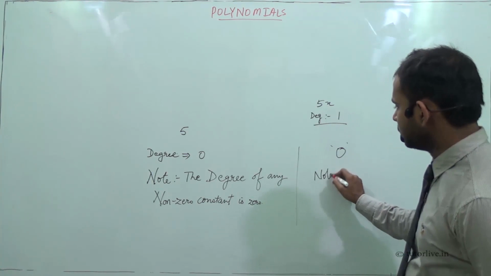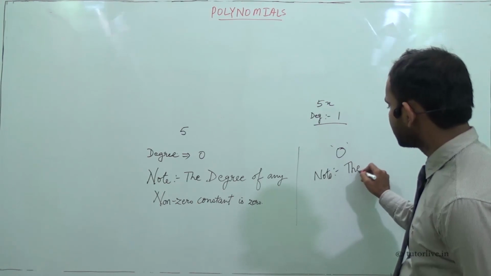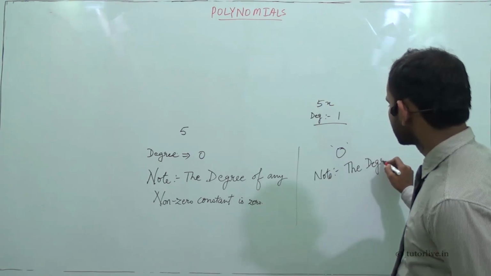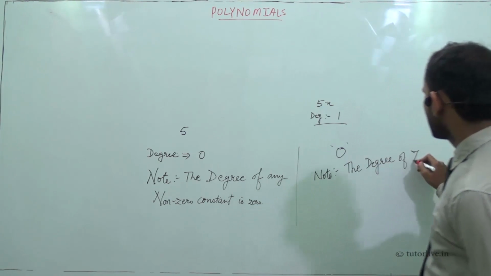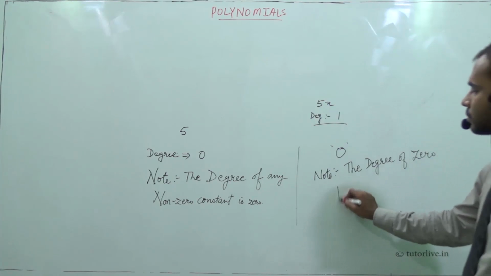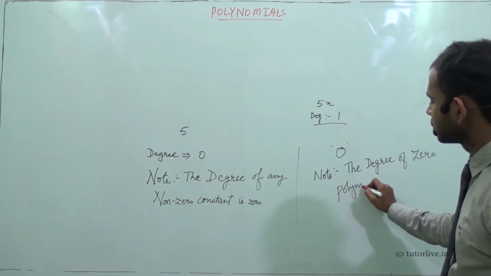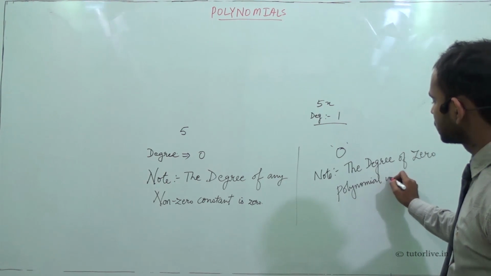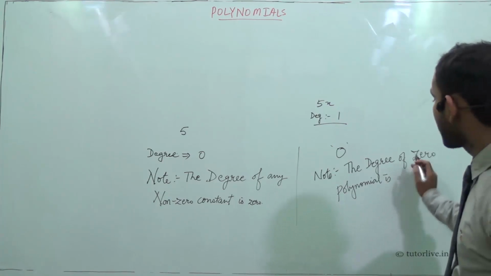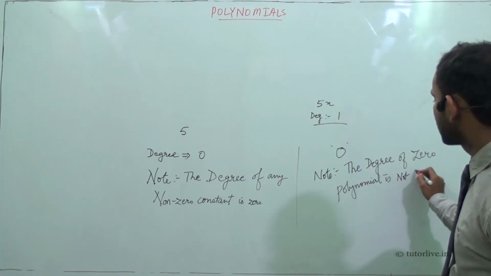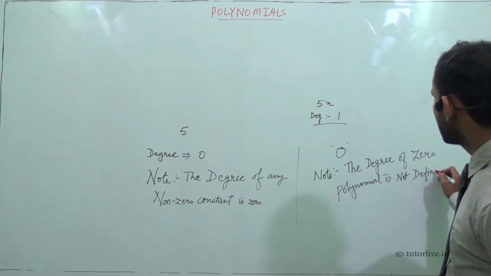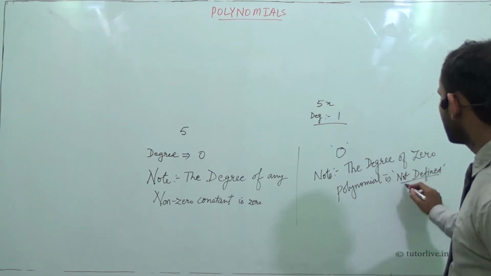So the degree of the zero polynomial is not defined. We do not have a value for the degree of a zero polynomial.